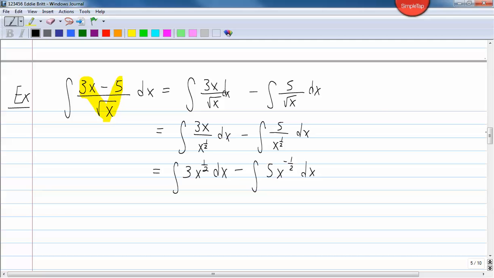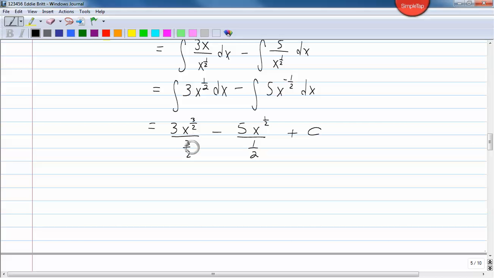Now I can apply the power rule. So that is 3, add 1 to the power and divide by the new power. So that's going to be x to the 3/2 divided by 3/2, minus 5 x to the, add 1 to the power, that'll be 1/2 divided by 1/2, plus c.